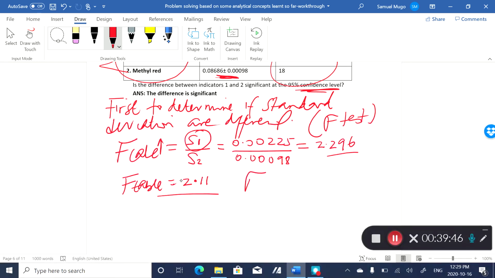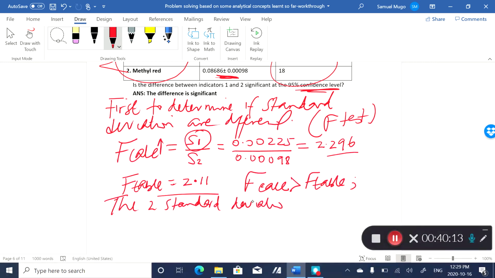And so you can see the difference. In this case, the f that I calculated is actually bigger than the f from the table. And so in that case, the null hypothesis would say that the two standard deviations are significantly different.